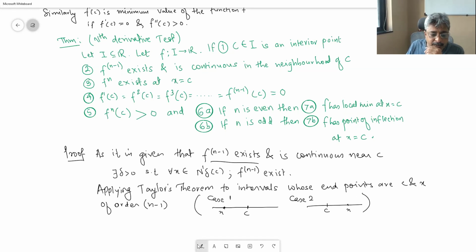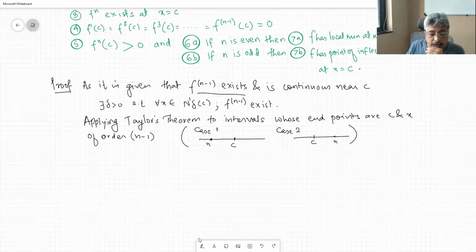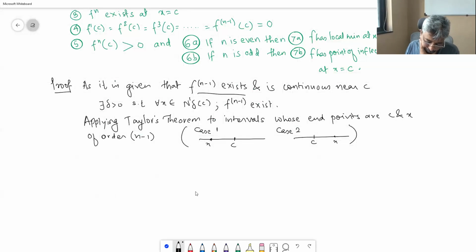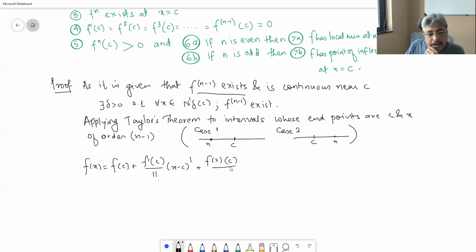Applying Taylor's theorem, what we have is f of x is equal to the base point f of C plus first derivative upon 1 factorial into x minus c raised to 1, plus second derivative evaluated at c upon 2 factorial into x minus c raised to 2, plus dot dot dot.